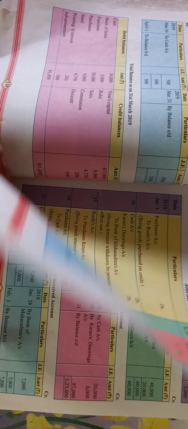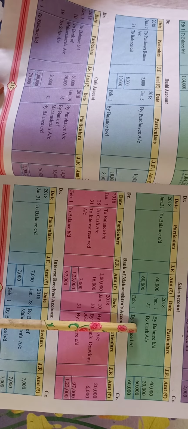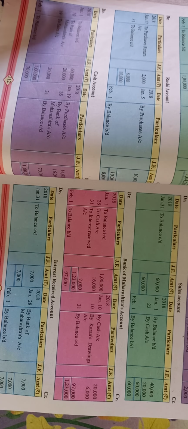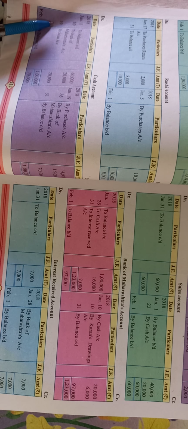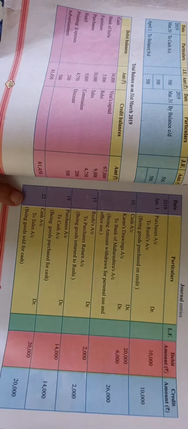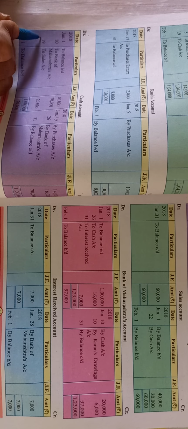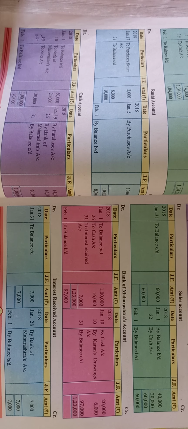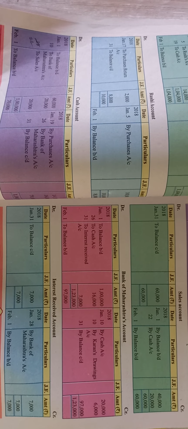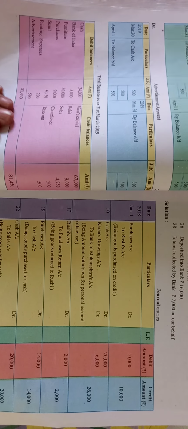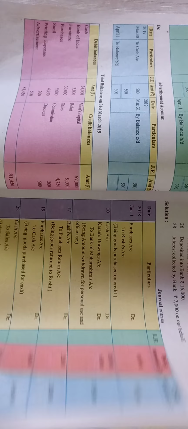By cash account. See here, 22nd date. By cash account 20,000. Okay. So here a printing mistake is there: to sales, 19th date is written, it is a printing mistake. The date is 22. Okay, afterwards this 22nd date transaction is also over.